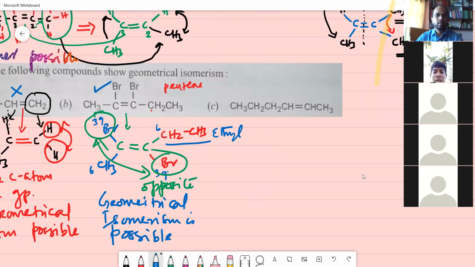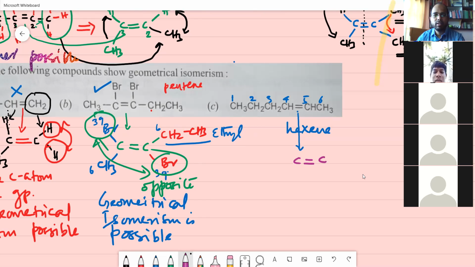Okay, then the last example. What is this? You got 1, 2, 3, 4, 5, 6. So this is hexene. You have one double bond there. So that double bond I'm just writing here. For the fifth carbon atom, I have numbered it wrongly.